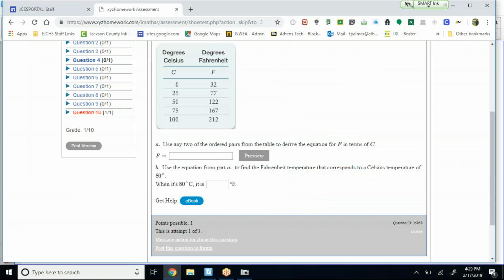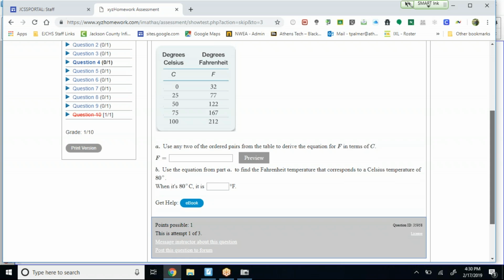Do you know why it said wrong when you put 9/5 x plus 32? Because you've got to say 9/5 C. Oh, okay, that's why. They want it in terms of F and C. Okay, I got you.